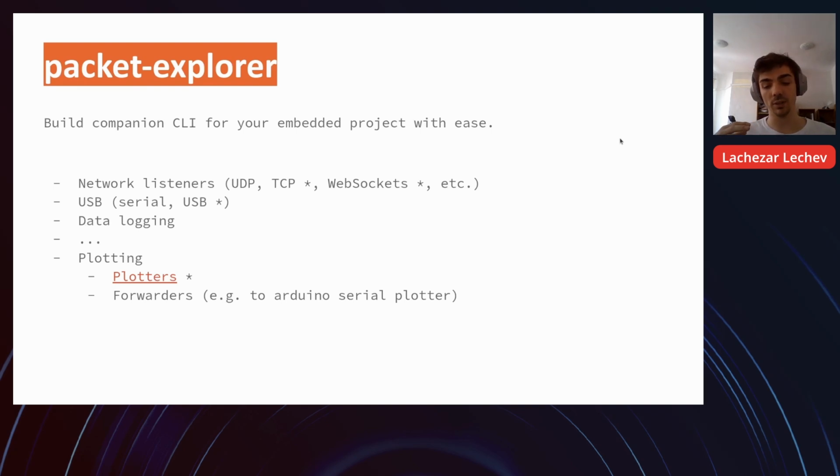And one of the most known tools in the Arduino community actually comes from the Arduino IDE, where you have the Arduino serial plotter. And apart from the plotting part, I decided to work on the so-called forwarders, which can take the data we are receiving on a specific channel and then forward it to the Arduino serial plotter.